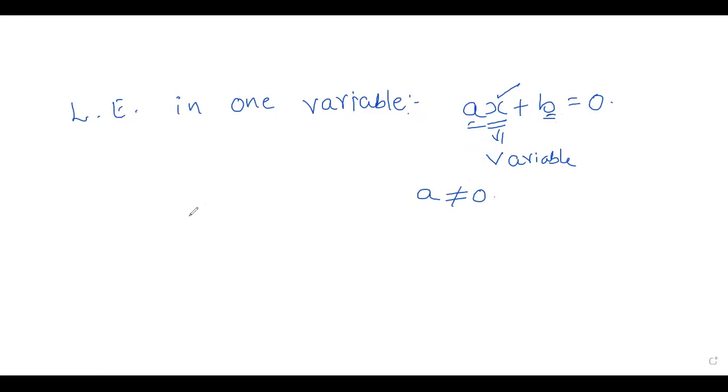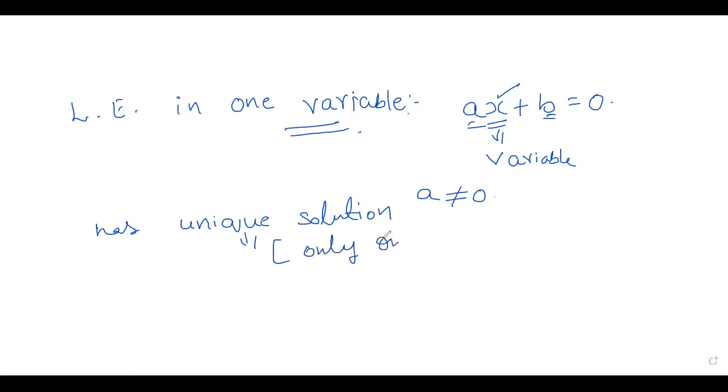So every linear equation in one variable has a unique solution. What do you mean by unique? That means only one.